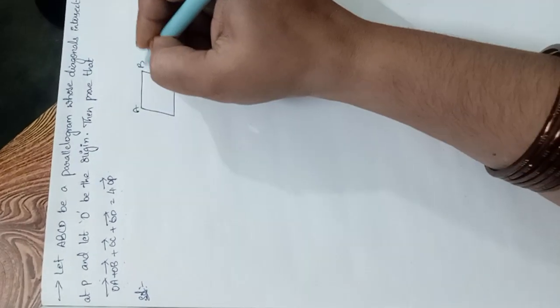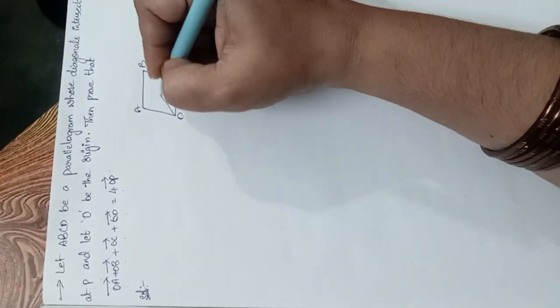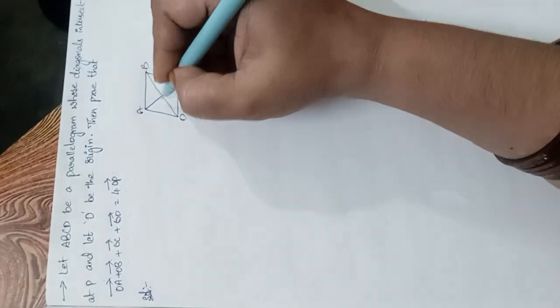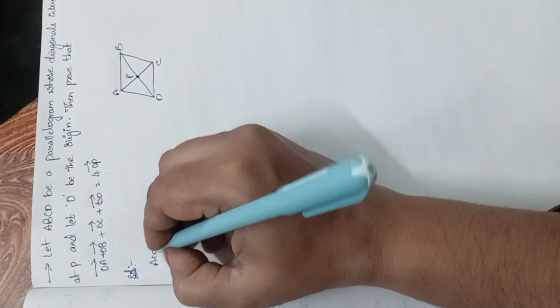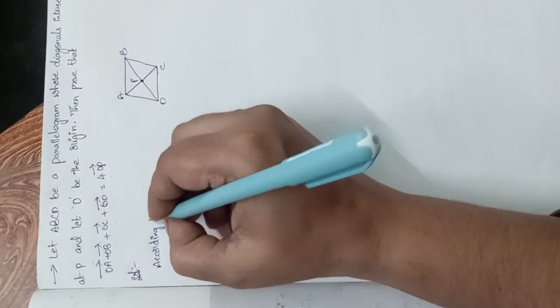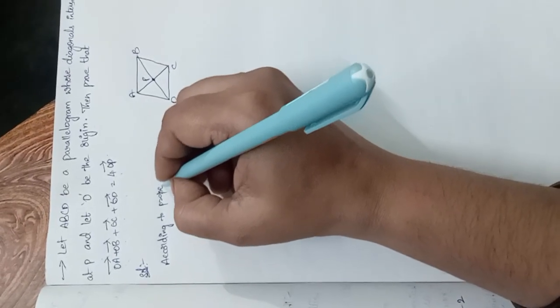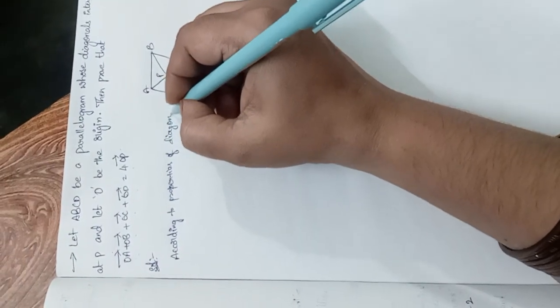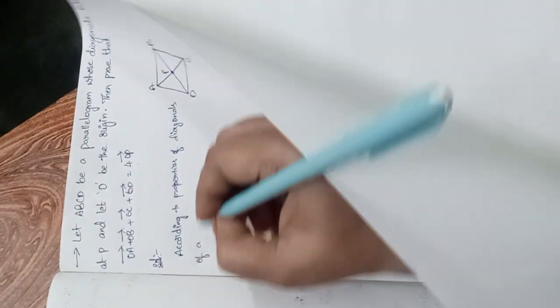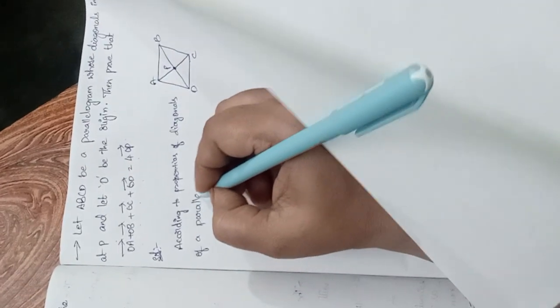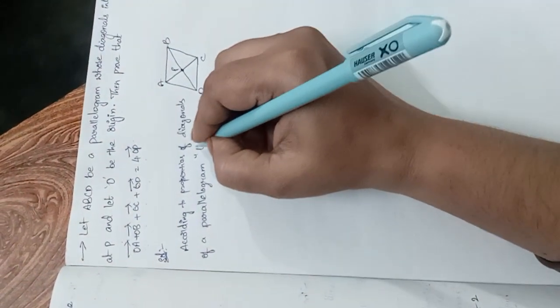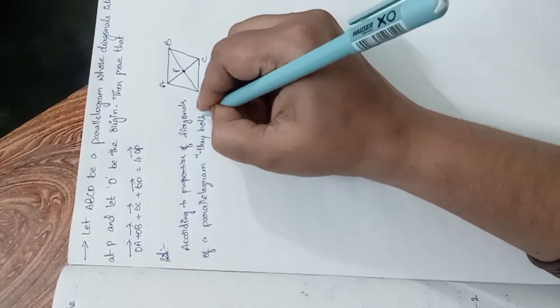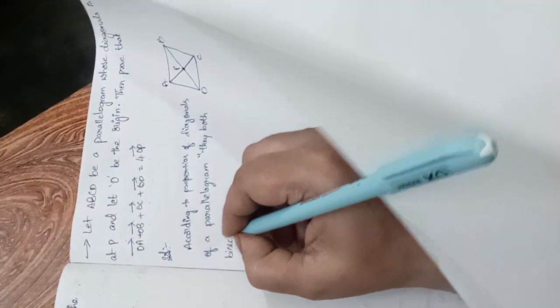This is A, B, C, and D, and these are the diagonals which intersect at P. According to the properties of diagonals of a parallelogram, they both bisect each other.